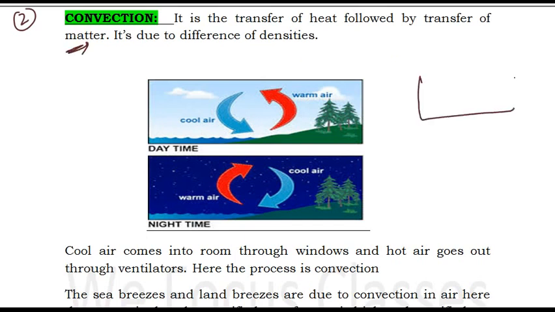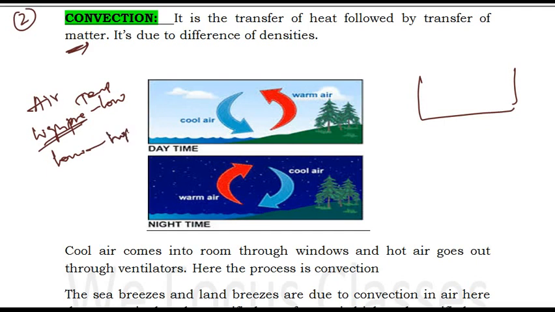See the best example of air. Air generally flows from high pressure region to low pressure region. If the temperature is low, the pressure will be high. If the temperature is high, the pressure will be low.